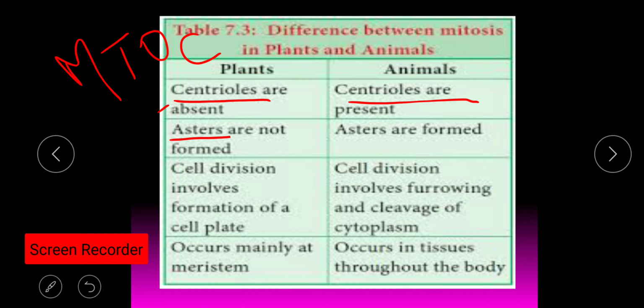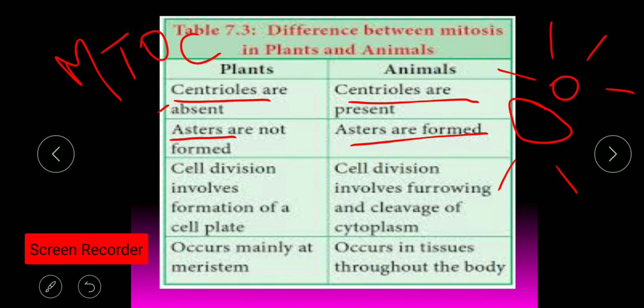There are no asters in plants because there is no centriole, whereas asters are present in animal cells. What are the asters? These two rounded bodies are the centrioles, and they are surrounded by rays of microtubules known as asters.